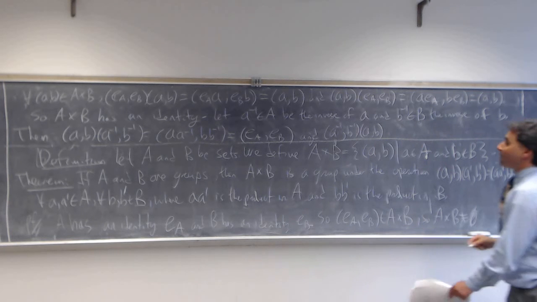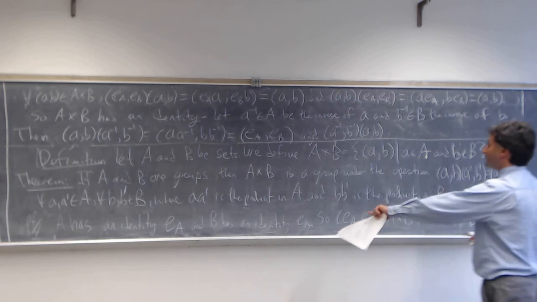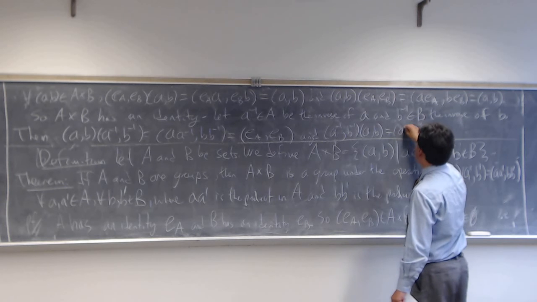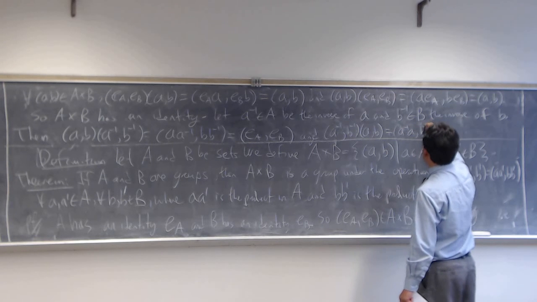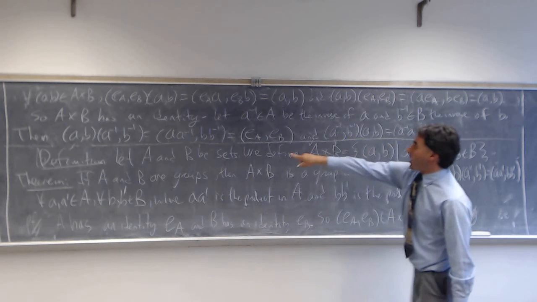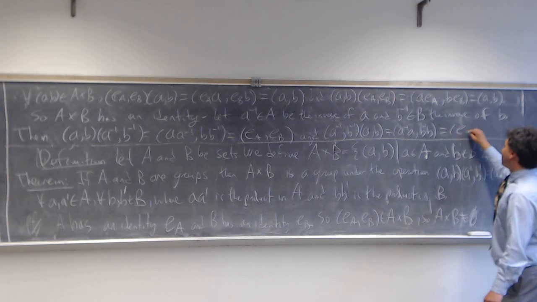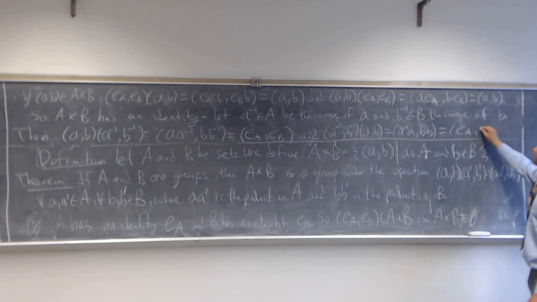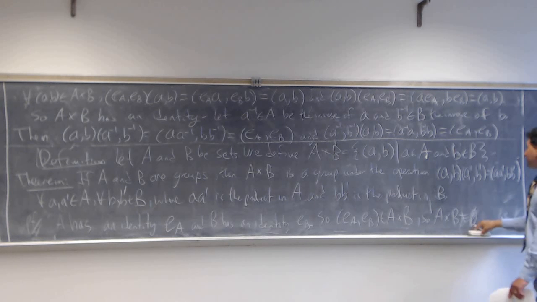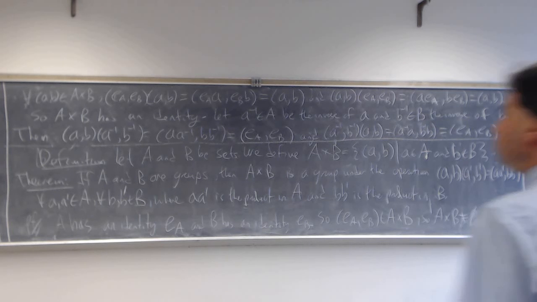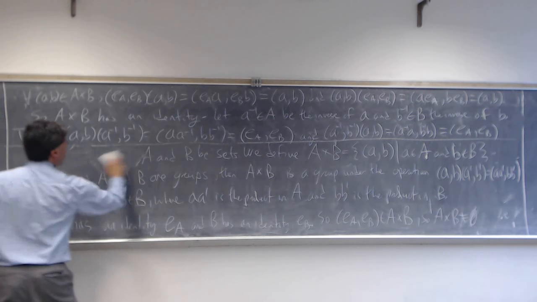So if I multiplied (a, b) by (a inverse, b inverse) on the left, that would still be okay, because not only is a times a inverse equal to the identity, but a inverse times a is also the identity for A, and b inverse times b is also the identity for B. So we've got the identity property proved. So is it a group? Just summarize that.